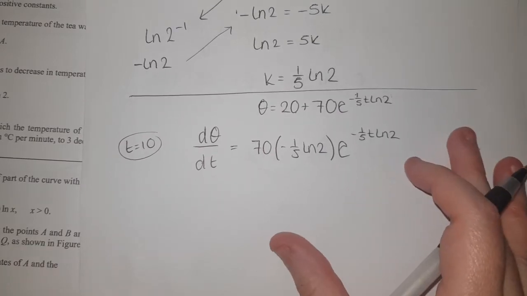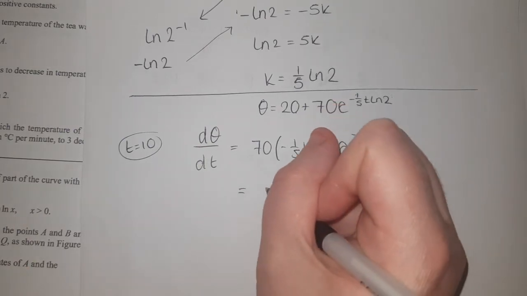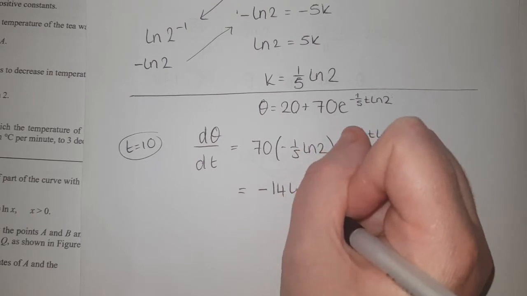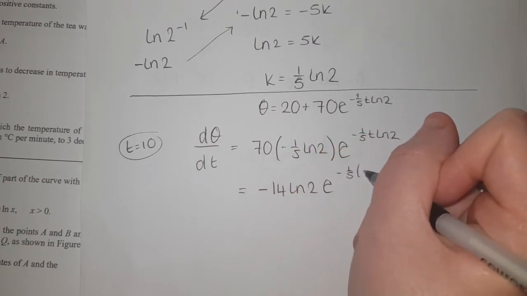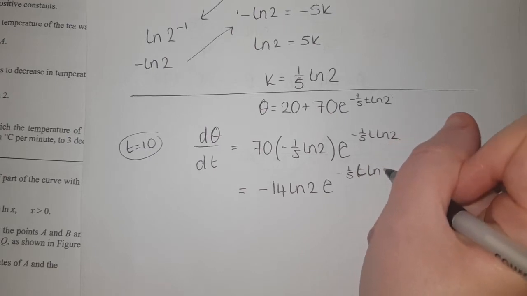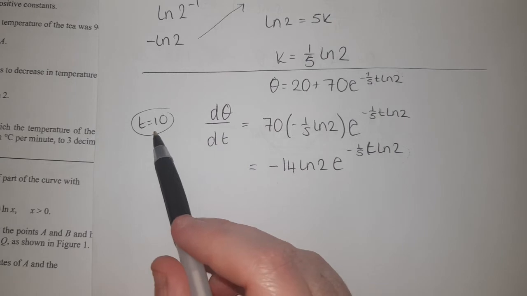That means if I do 70 times 1/5, I'm going to get 14. So I've got minus 14 ln 2 e to the minus 1/5 t ln 2.